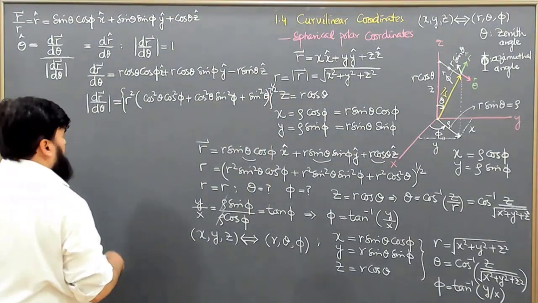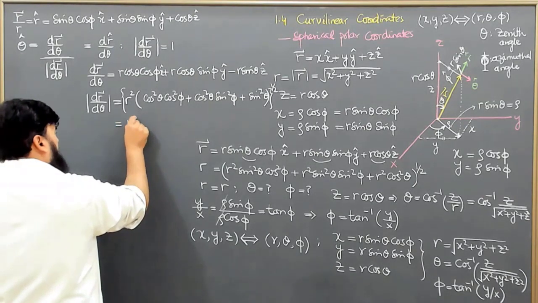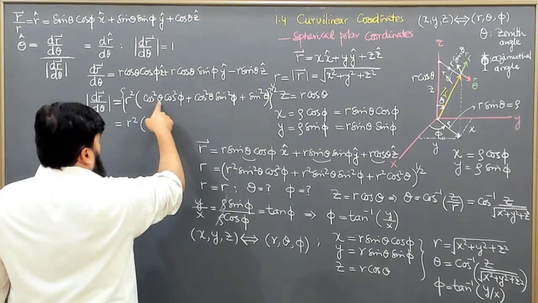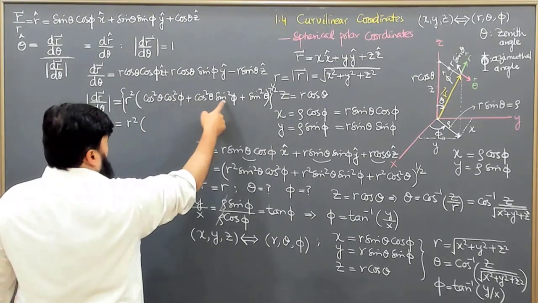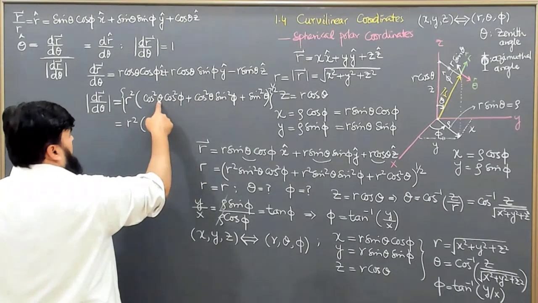This is the magnitude, and it is equal to r. Now cos square theta taken as common, cos square phi plus sine square phi comes out to be 1, so it is cos square theta.